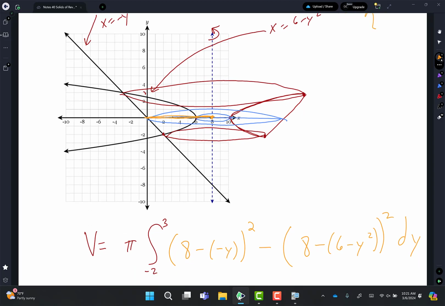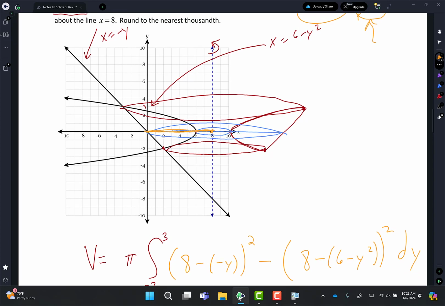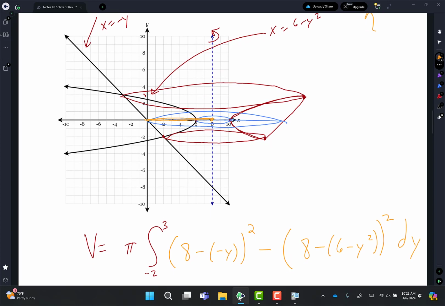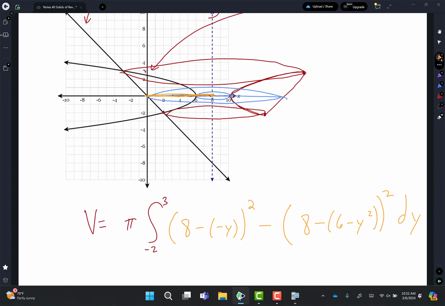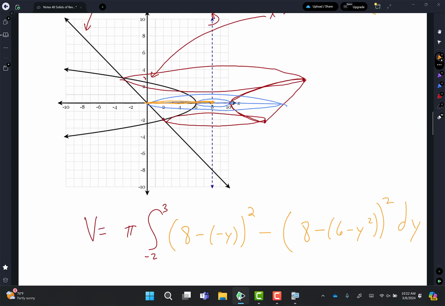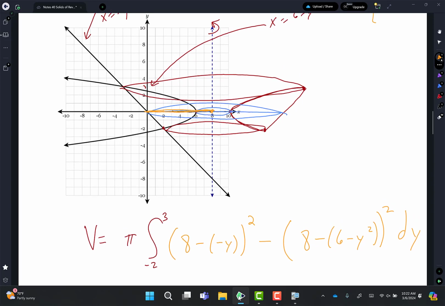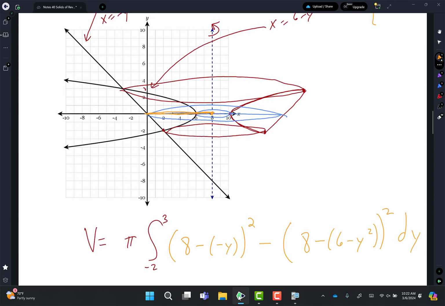All right, what's up? If the function is symmetrical, why is it the integral from negative 2 to 3? All right, hit me again, Kalani. Since the lines are symmetrical along the x equals 8, yes. Why is it from negative 2 to 3 and not negative 2 to 2, or 0 to 6 or something?